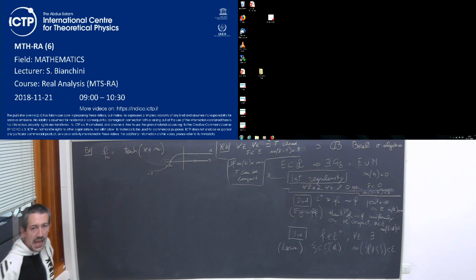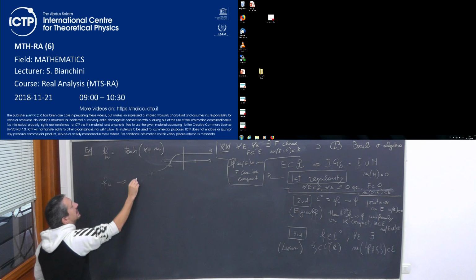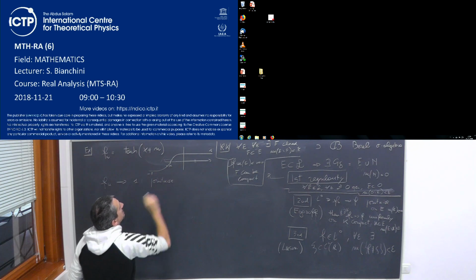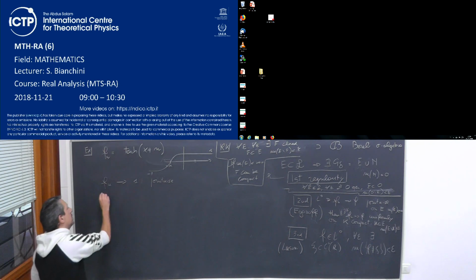Okay. Is fn converging pointwise? Yes, to the constant function. Is fn converging uniformly? No, because the distance is always 2, no?